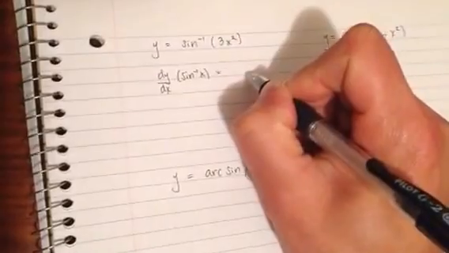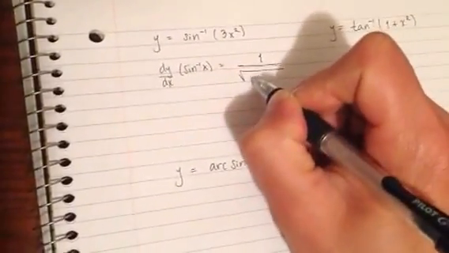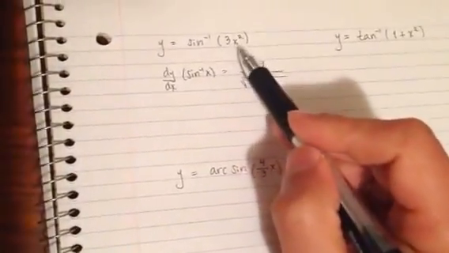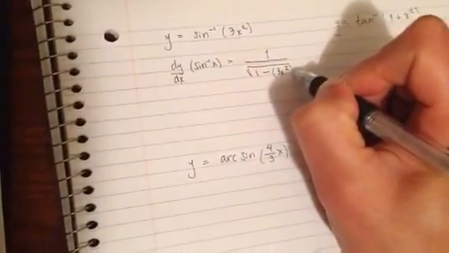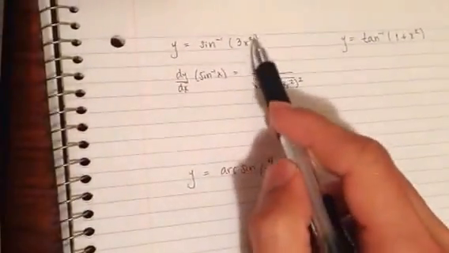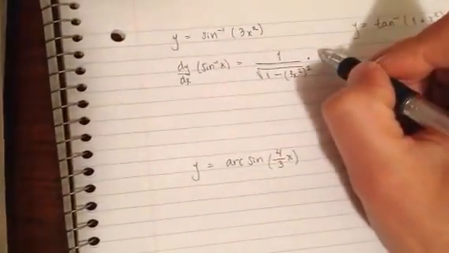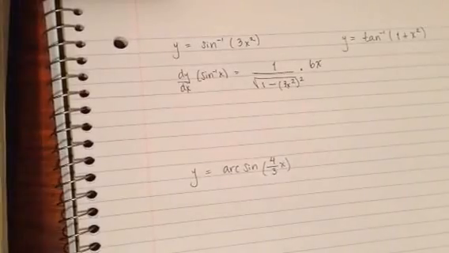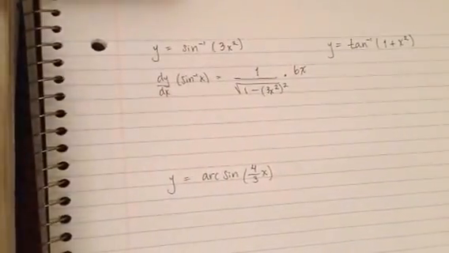That's going to be 1 over the square root of 1 minus whatever's inside here. What's inside? 3x squared, and we're going to square that. But because I have a function inside, I have to take the derivative. The derivative of 3x squared is 6x. You can simplify that, but that should be perfectly acceptable for your teachers.